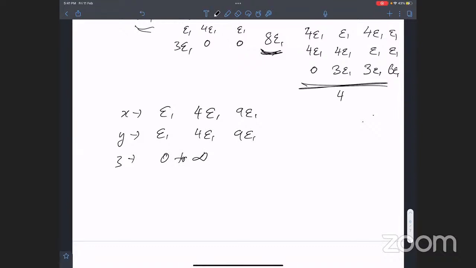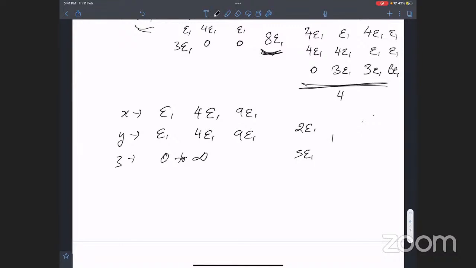So I guess the minimum value possible is 2E1, right? So the minimum value possible is 2E1, and the next landmark will be 5E1. Because from 2E1 to 5E1, I can only have one possible way of filling that state.